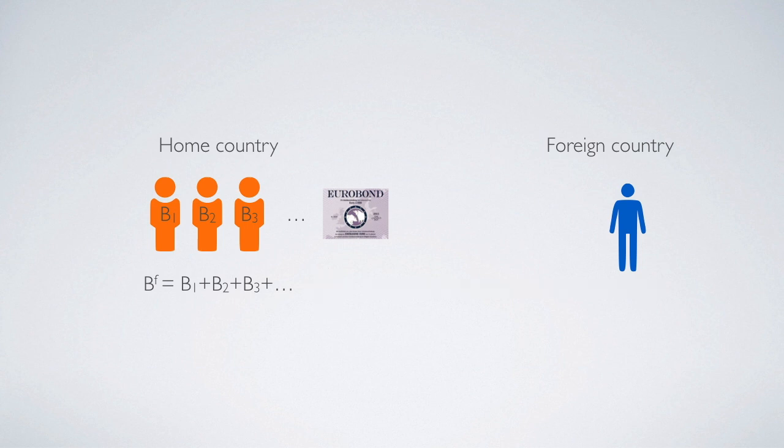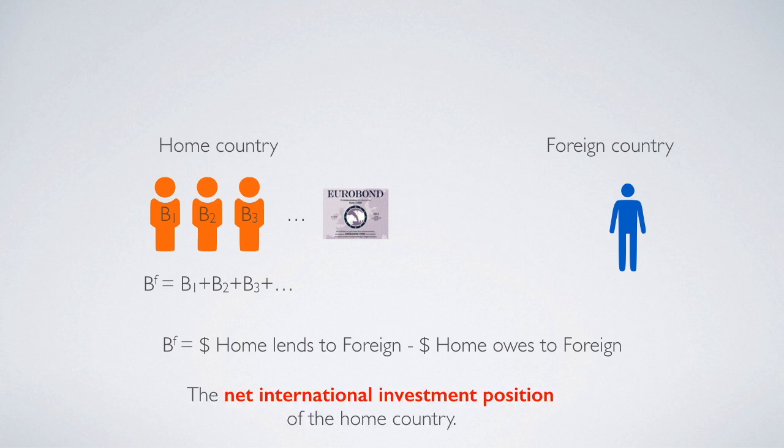So BF, in general, is equal to the total amount of money that home invests or lends to foreign countries minus the total amount of dollars that home owes to foreign countries, or that foreigners invest in the home country. We call this term BF the net international investment position of the home country.